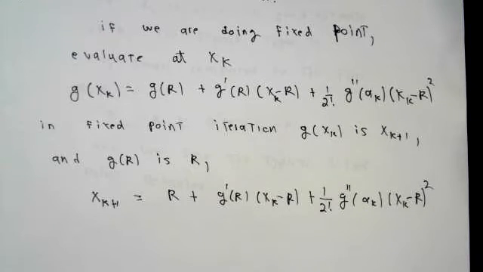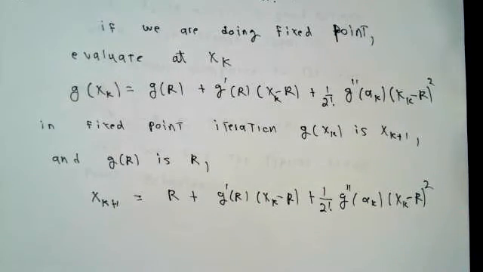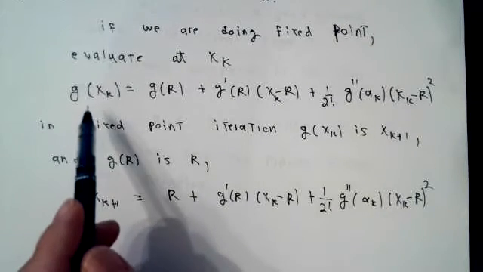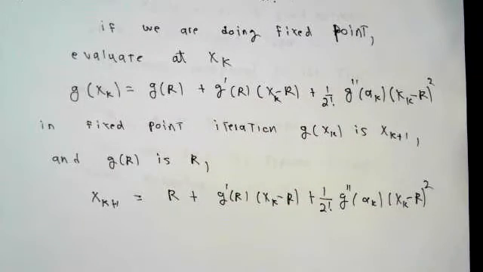Now, this statement, this one at the top of the page, is sort of generically true as long as g has up to a continuous second derivative. But if we're doing fixed point iteration, I'm going to evaluate this formula at x equal x number k and find out that g at xk is the same formula again, except every place where I've written down the letter x previously, I write down x number k now.